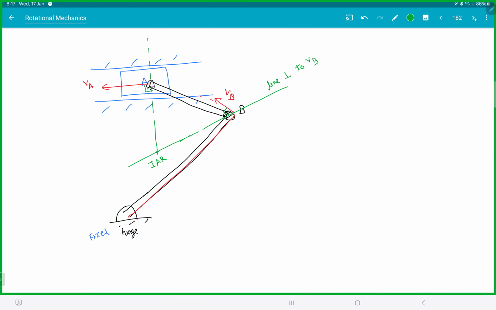I didn't draw the diagram properly, but yeah. If you just forget about this rod now, isn't that how it is going? This is the hinge. Because the length of the rod is constant, B has to go in a circle. So A is going in a line and B is going in a circle.